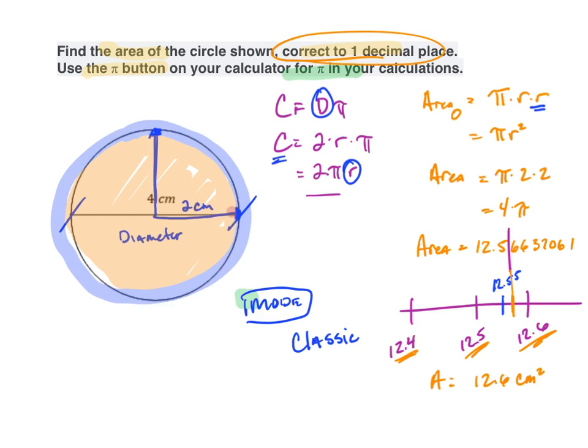The area is the orange part inside. So we calculated the area by using the formula area equals pi r squared. The thing to remember is we had a diameter of 4, which means the radius is 2. With the area, you're always trying to find the radius.